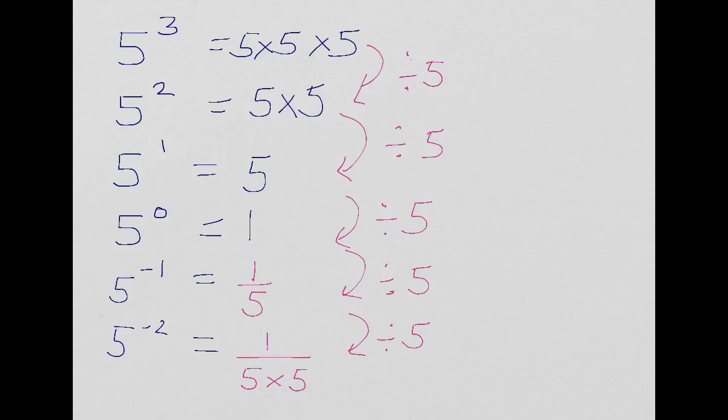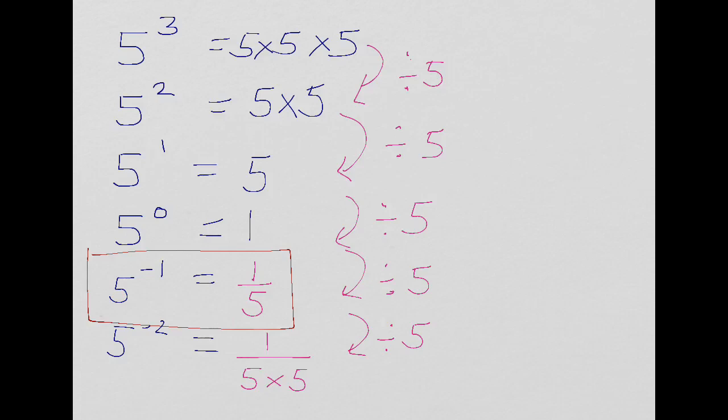And the dividing is what we call the reciprocal, which you should have met before. We say that the reciprocal of 5 is 1/5. That's another way of saying 5 to the negative 1 is the reciprocal of 5.